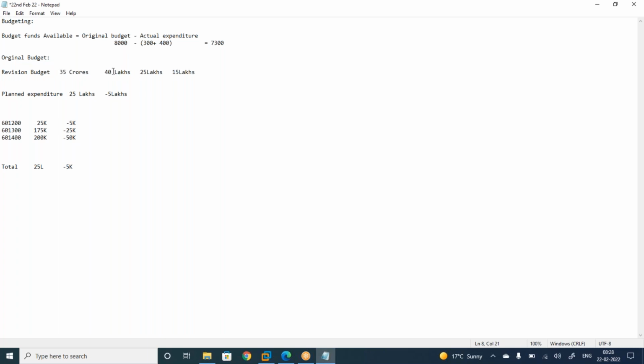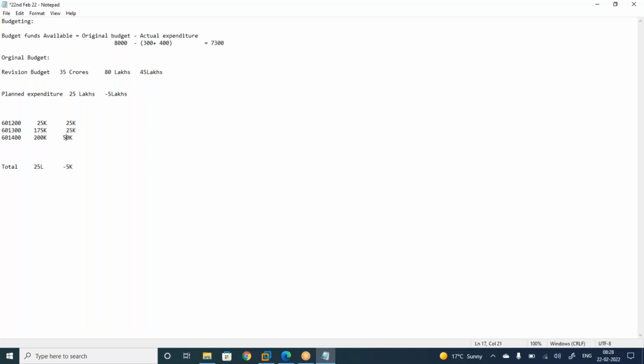Earlier it was 40 lakhs, now the expected result is 80 lakhs net profit. Then I can increase expenditure from 25 lakhs to 45 lakhs. I will increase here, and here.